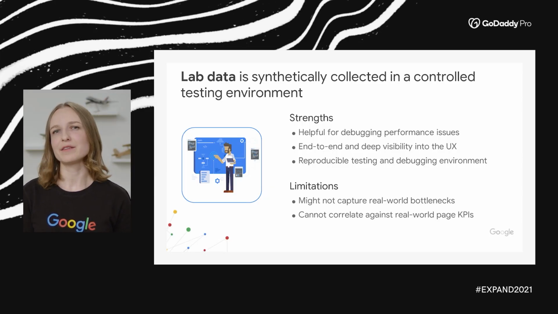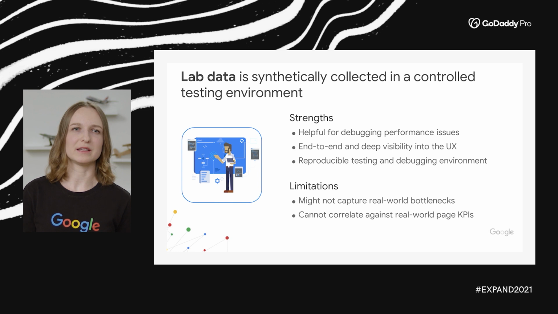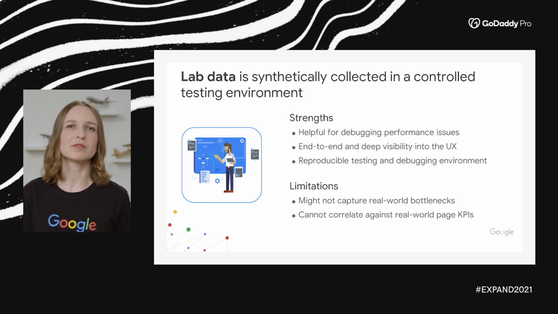Tools that collect lab data work in a controlled testing environment with predefined devices and predefined network conditions. In a way, this is a way to measure how the website performs in an ideal test. This type of measurement has a couple of key advantages. The first is that the results that you get, you can easily reproduce.